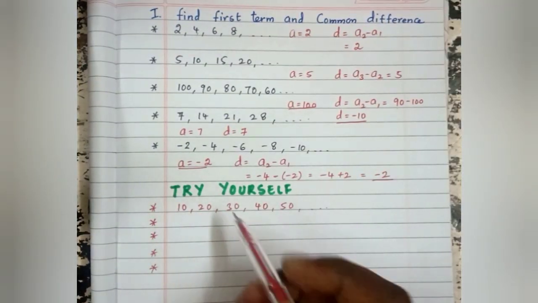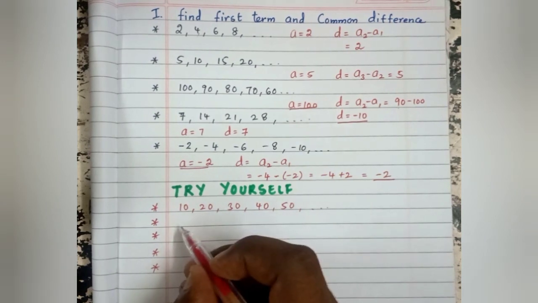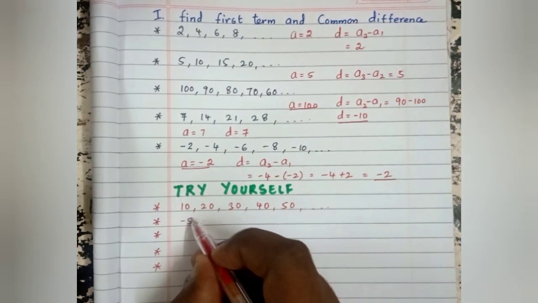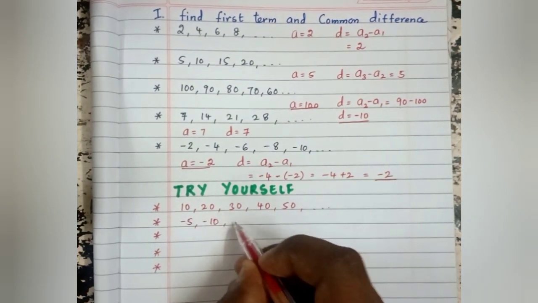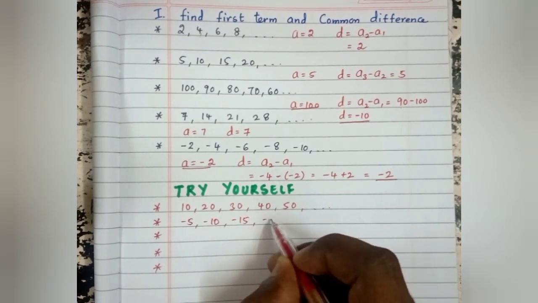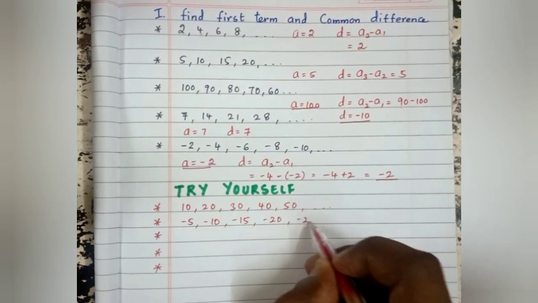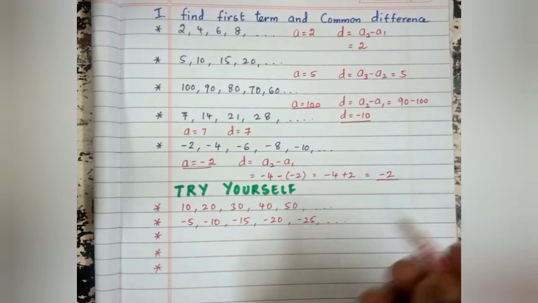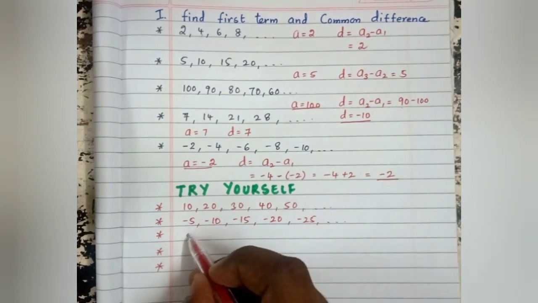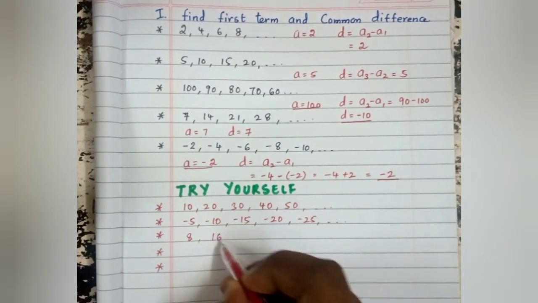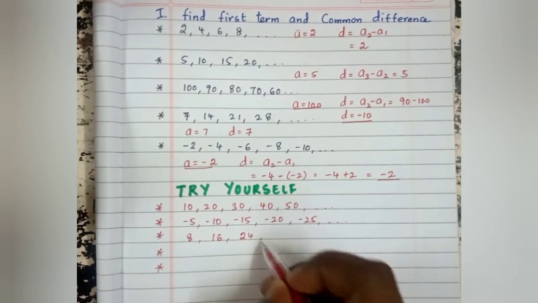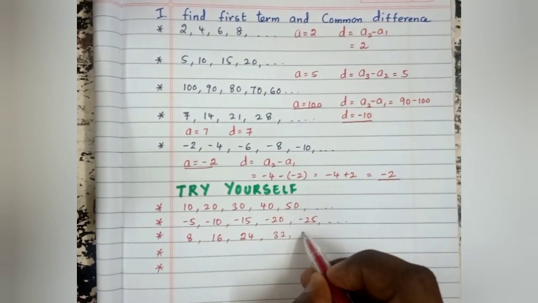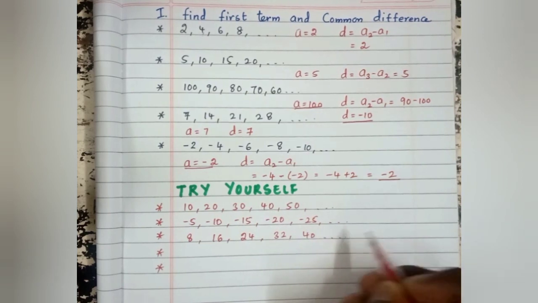So, please try this problem by yourself. 10, 20, 30, 40, 50, find out the first term and the common difference. Next problem, minus 5, minus 10, minus 15, minus 20, minus 25. Third problem, 8, 16, 24, 32, then 40.